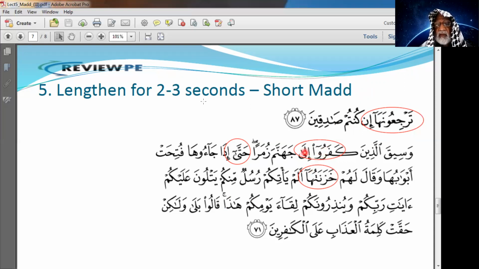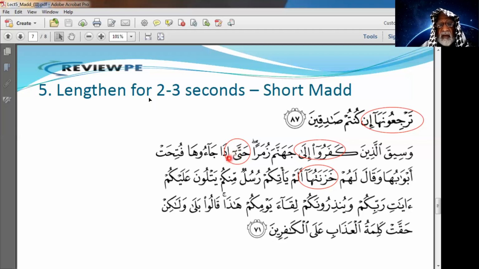Kafaru ila jahannama. Look over here. This one with alif has a mad, but now we are just trying to see different kinds. So we have a fatha, then a vertical alif and ya alif maksura, then hamza.